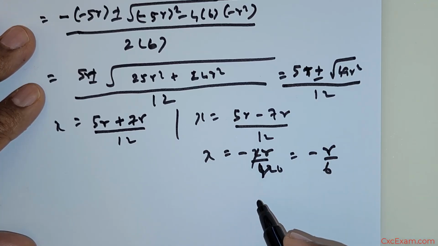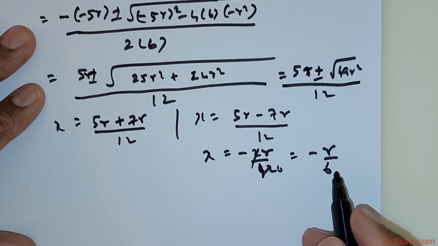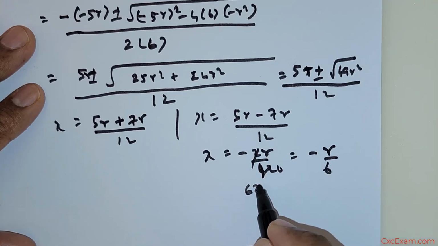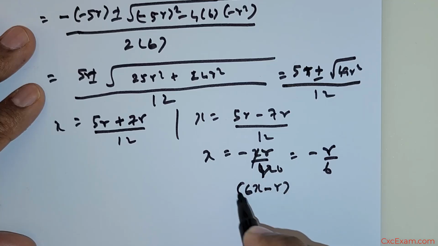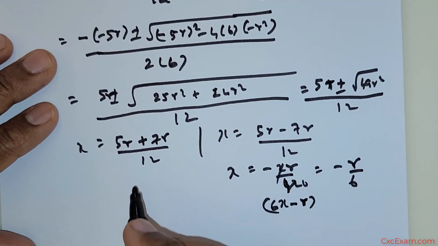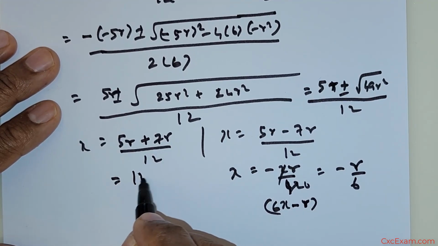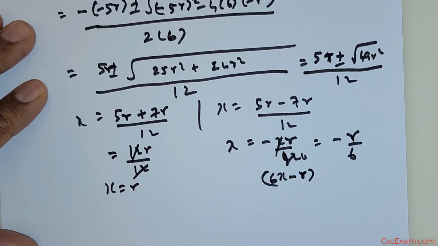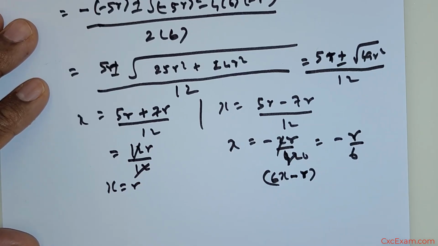So this is an x value, right? So this is 6x minus r, that is a factorization for this. So let's see what we are getting here. This is 12r divided by 12, so we get x is equal to r. Okay, so this is what we get.